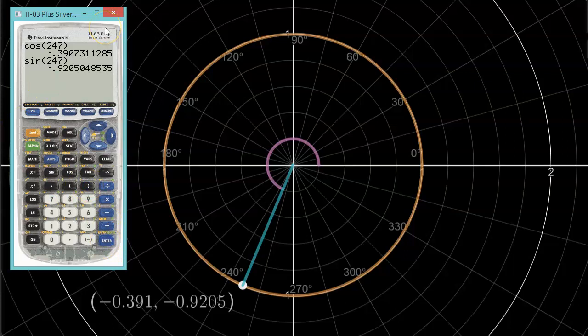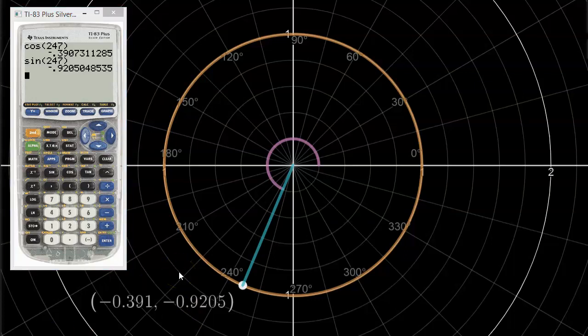Okay, so indeed you see a match again. Cosine of 247 degrees is, when rounded to the nearest thousandth, negative 0.391, and sine of 247 degrees, rounded to the nearest 10,000th, would be negative 0.9205. So it looks like the same pattern holds.